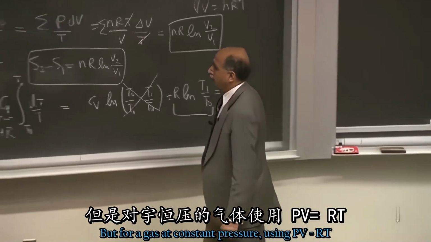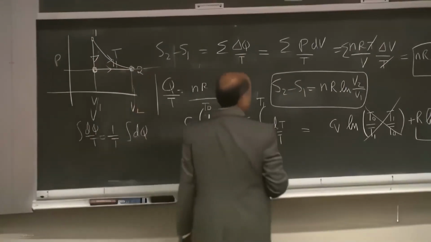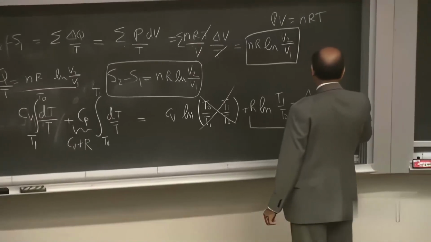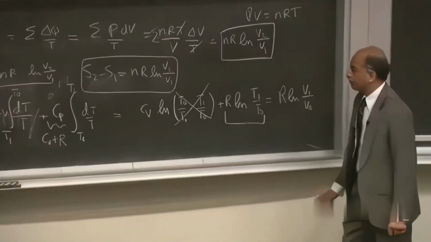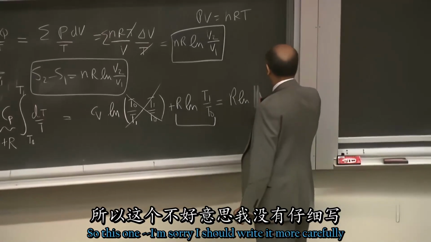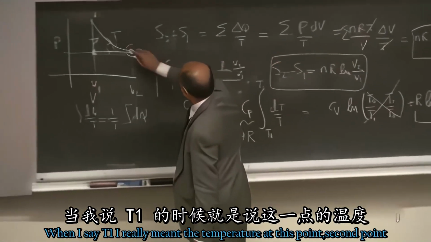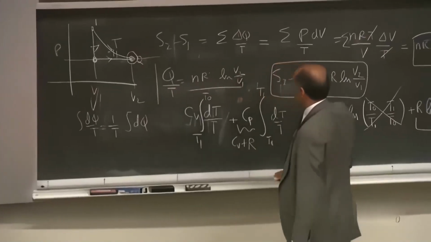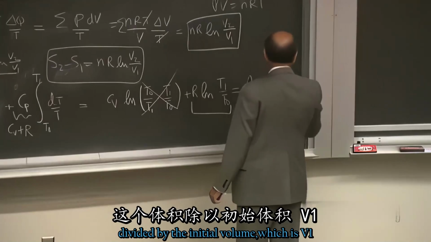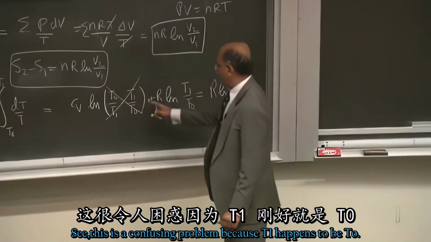But for a gas at constant pressure, using PV equal to RT, this ratio of temperature is also the ratio of the volumes. So this one, I'm sorry, I should write it more carefully. When I say T1, I really meant the temperature at this point, second point. So that temperature over this temperature is also that volume divided by the initial volume, which is V1. See, this is a confusing problem because T1 happens to be T0.